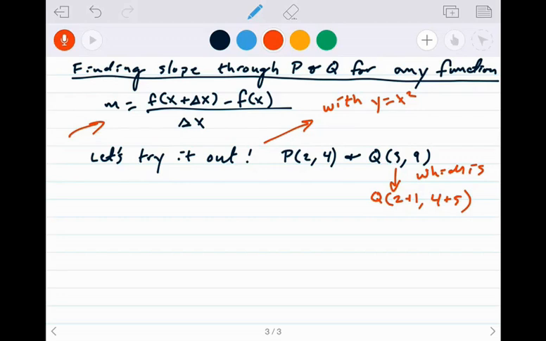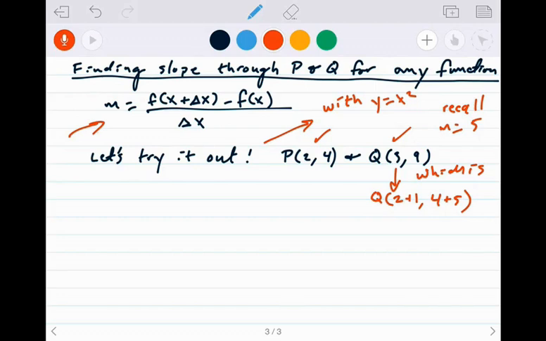We found the slope between 2 points, P and Q, and recall that the slope was equal to 5 when we used the equation m equals y2 minus y1 divided by x2 minus x1. This is an equation for slope, and it should match.